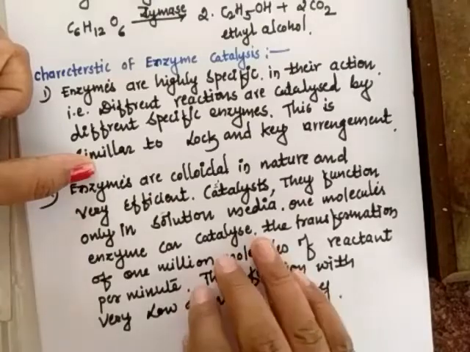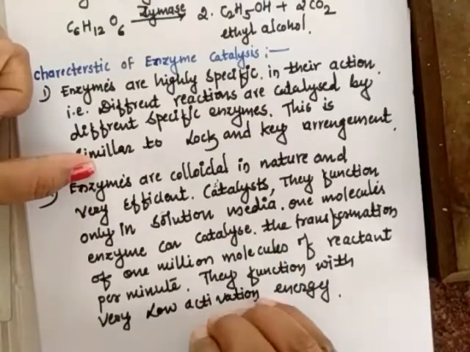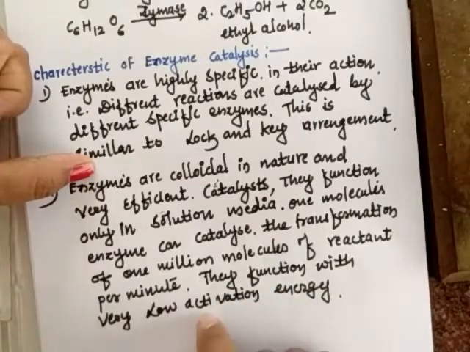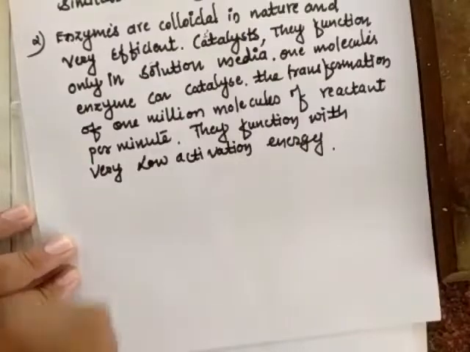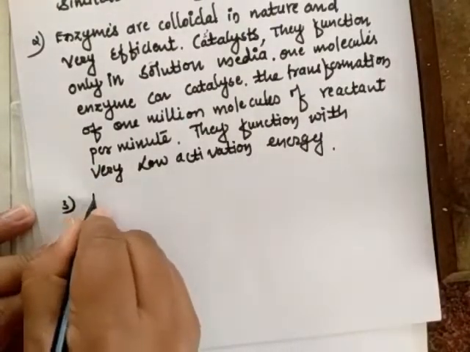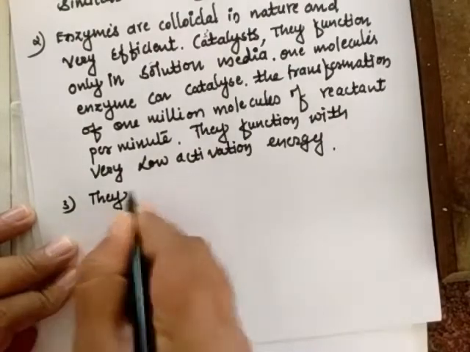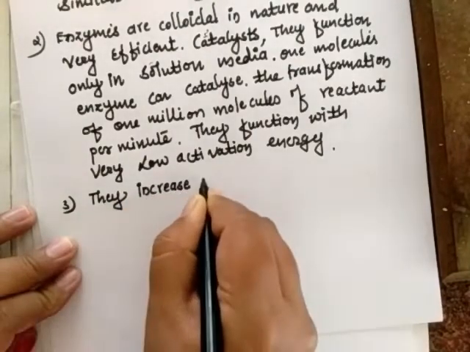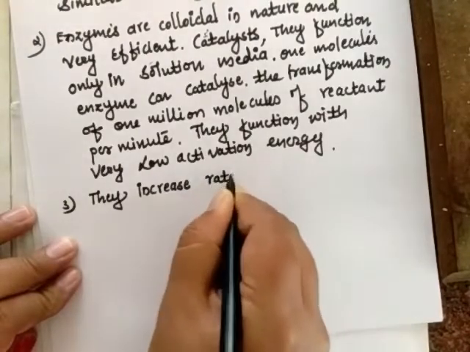At very low activation energy they can easily work, meaning they can transform the reactant molecules to their respective products. Now the third one: they increase the rate of reaction about 10 to the power of 6 to 10 to the power of 7 times more. Consider a reaction going in the normal path, and when you add the catalyst, the enzyme, what will happen?